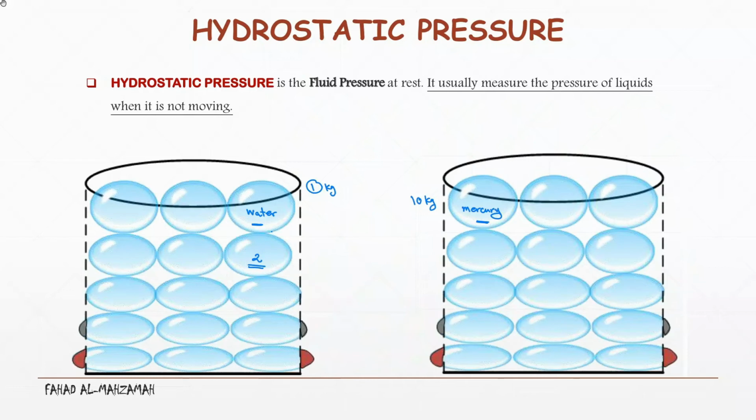And the mass of mercury, since we said it's much heavier, we said it's a kilogram. Now, what do you think the pressure applied by this single molecule on molecule number 2? Of course, it will be less than the pressure exerted by this molecule on molecule number 2. Imagine that you are holding a box of 1 kilogram, and the other is holding a box of 10 kilogram on his head.